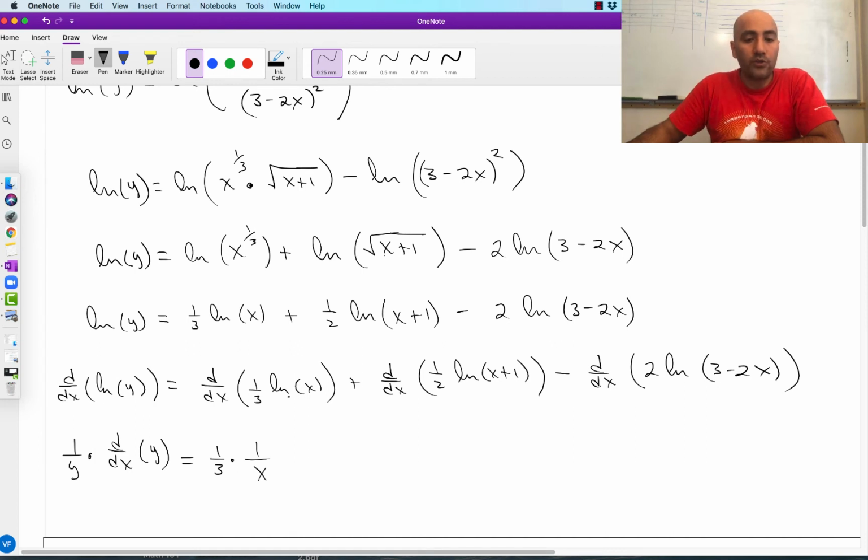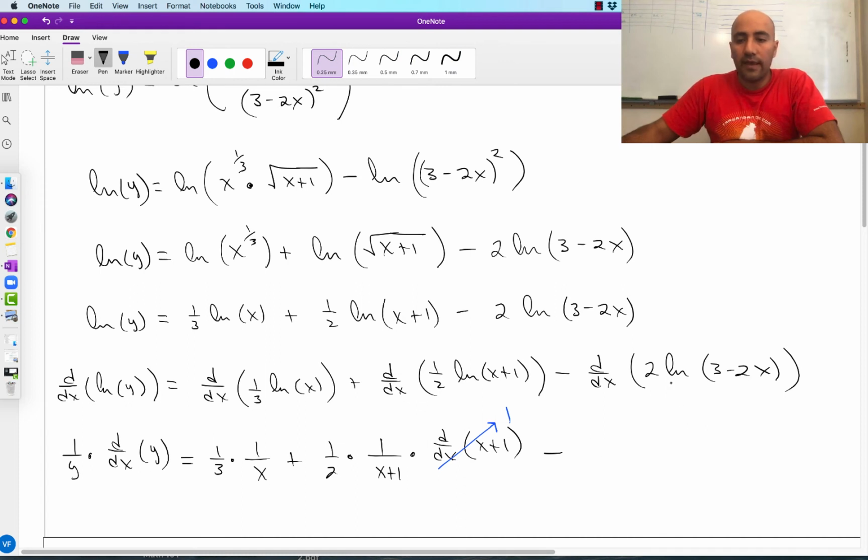Another reason why we choose ln is because its derivative is really nice. Plus 1/2 times, and technically we use the chain rule here, let u equal x plus 1. So it'll be 1 over x plus 1 times the derivative with respect to x of x plus 1, which is just 1. So it doesn't really change anything.